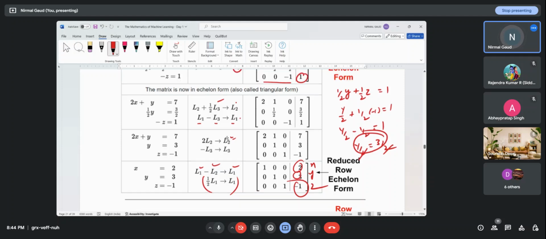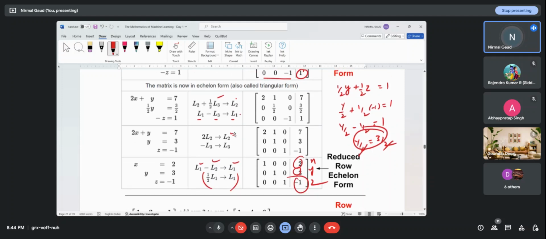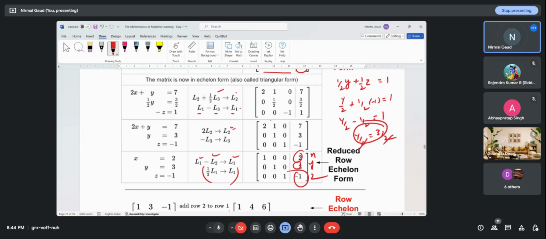Either you would have stopped here and solved it, or you further perform the transformation and convert them into reduced row echelon format. Okay, that's possible.